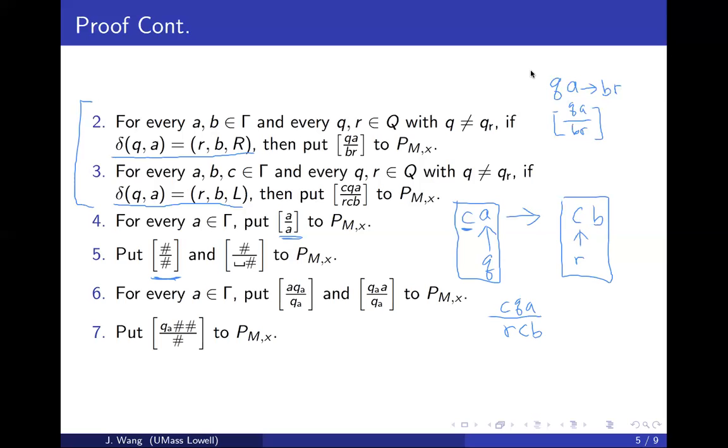And for the empty thing in front of the pound sign, on top of it, it's pound. So we'll see why we need this when we actually look at a computation history.